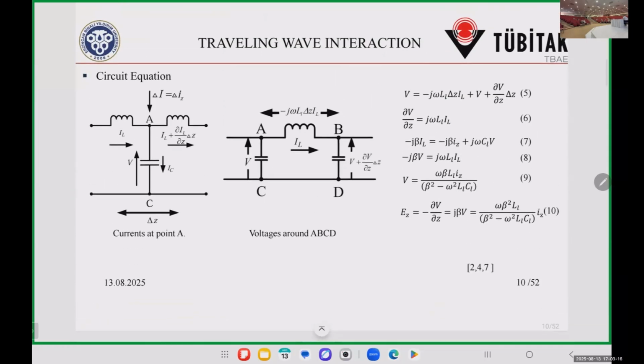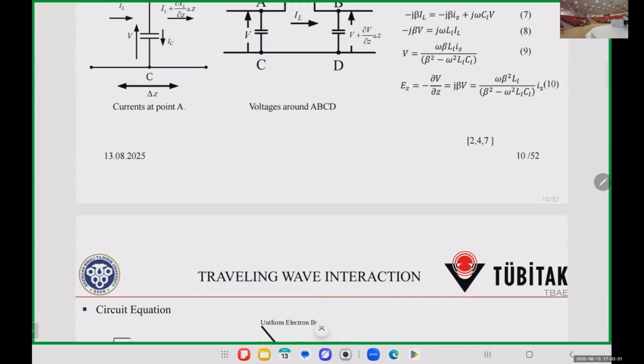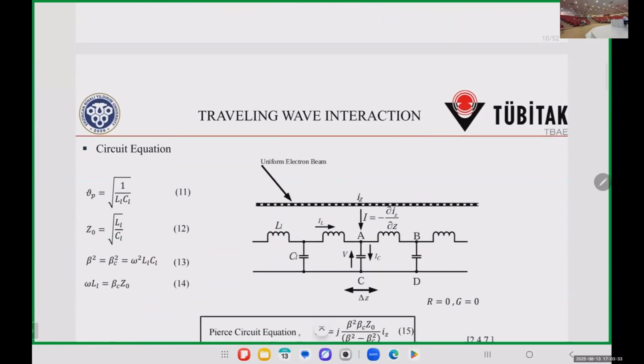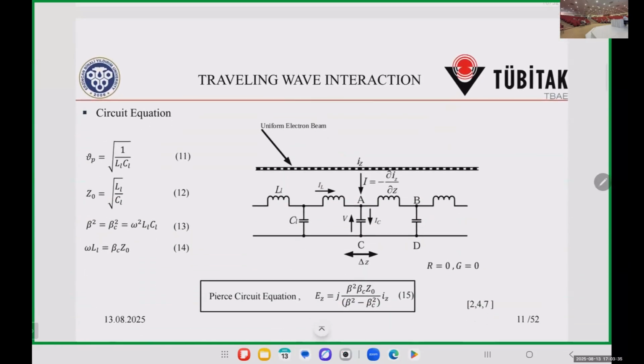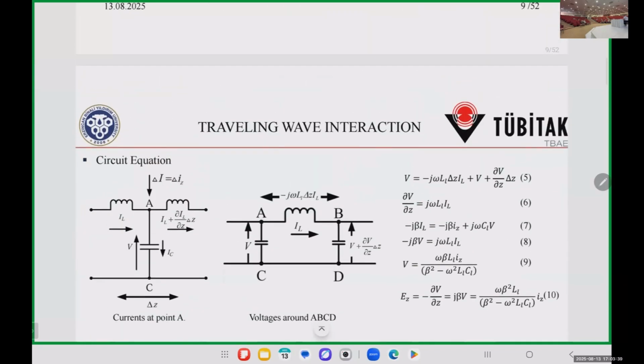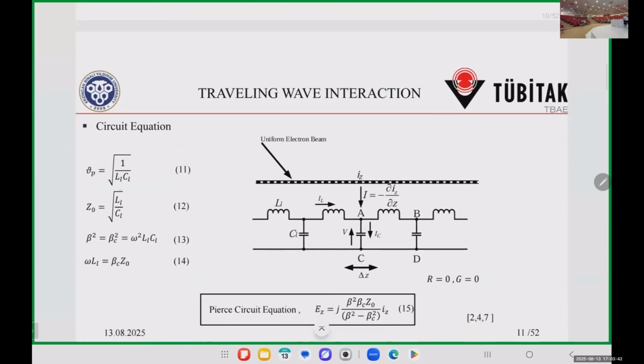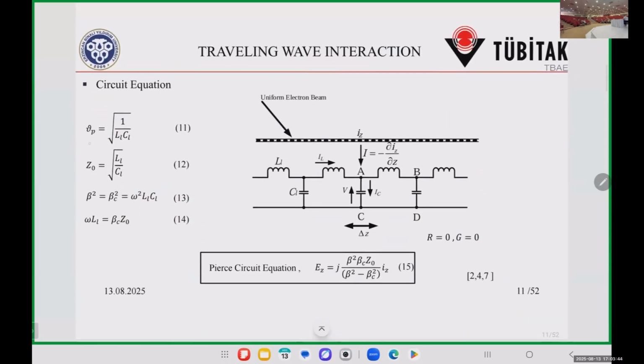If we eliminate LL and CL, which mean inductance per unit length and capacitance per unit length, we use these formulas, because this is a transmission line, so we can write transmission line equations.